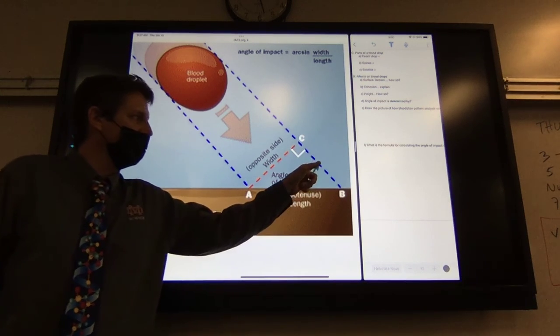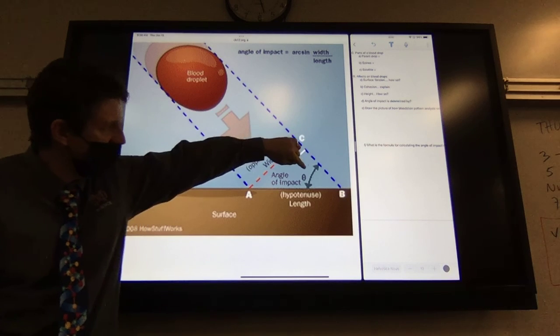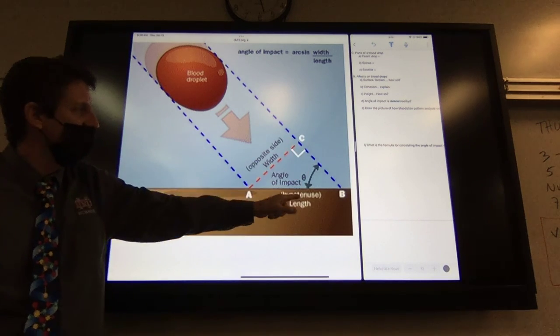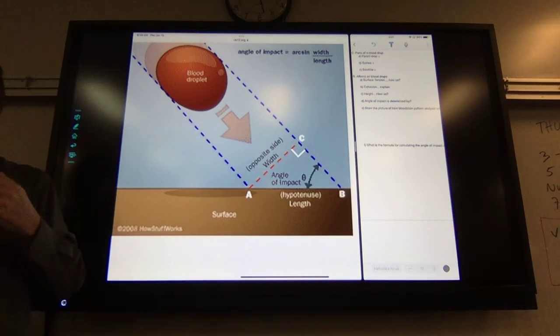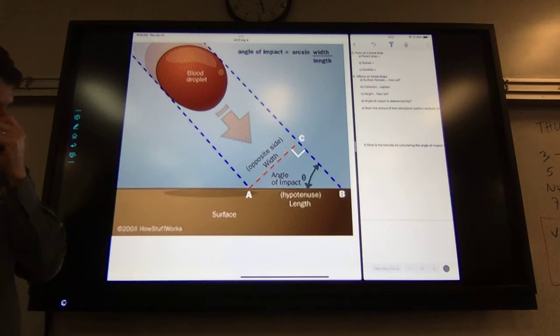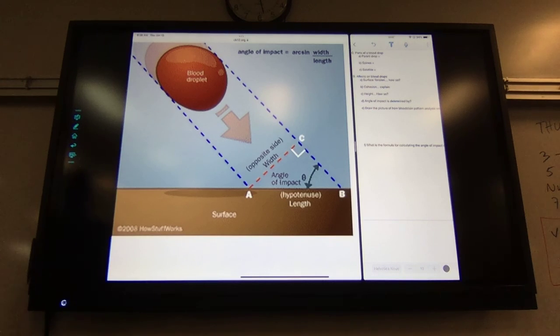You see that arrow that goes from the top line down to the surface? That has a little symbol there for, hey, we need to calculate that angle. It's a variable. So we're going to calculate that angle of impact.